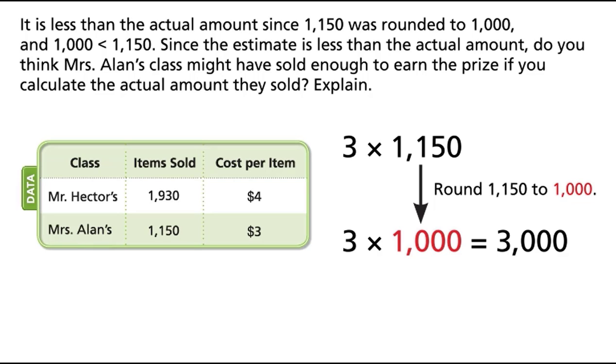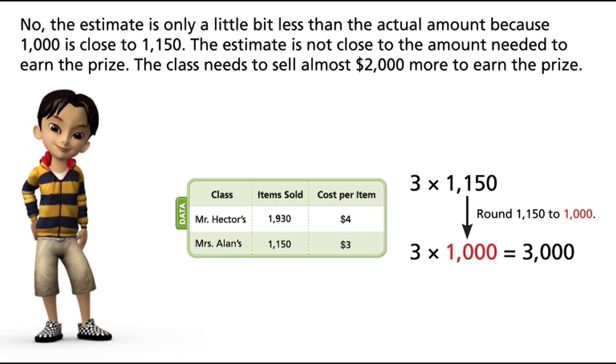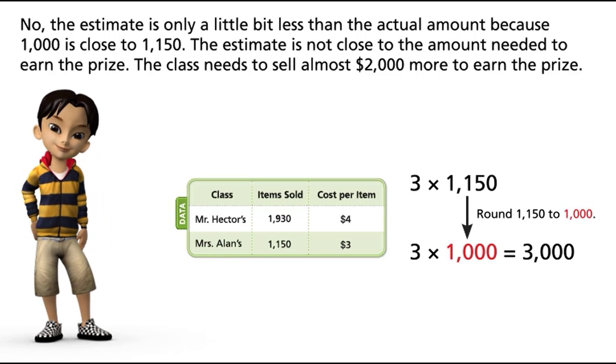Explain. No, the estimate is only a little bit less than the actual amount because 1,000 is close to 1,150. The estimate is not close to the amount needed to earn the prize. The class needs to sell almost $2,000 more to earn the prize.